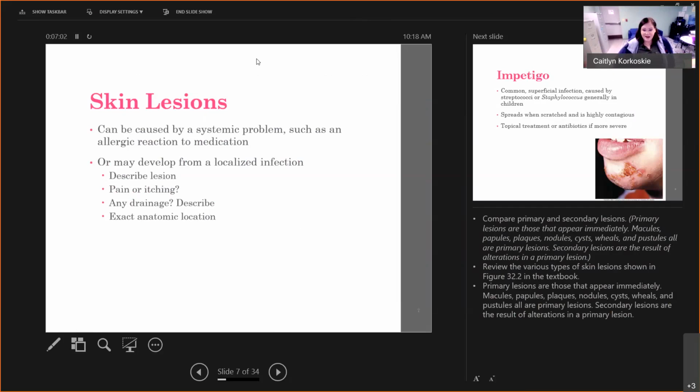I just glanced up and noticed something moving there. Did I say lesion? I don't know. But yeah, there was this big beetle. Anyway.